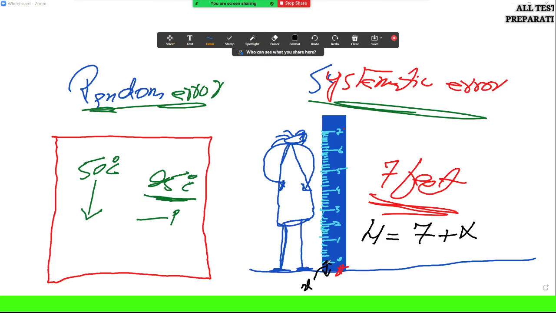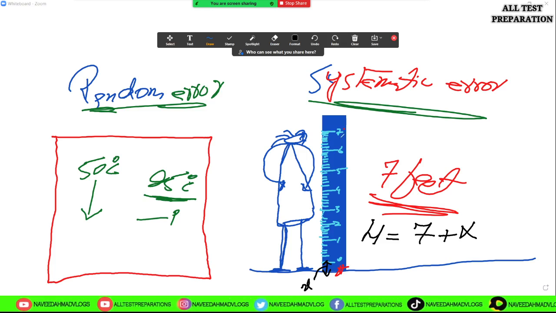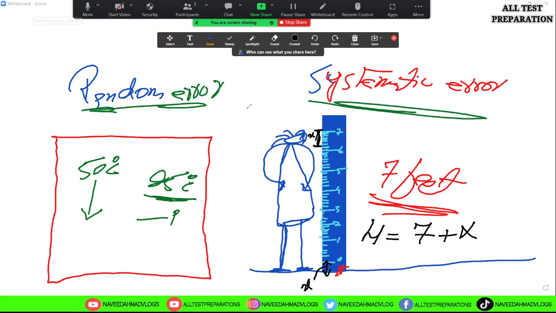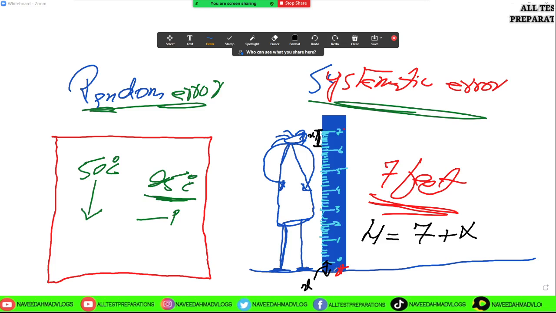Okay, I am going to subtract this. So this ruler will come down, right? So the height of this 7 will also come down, by x, right? Actually, this is x.